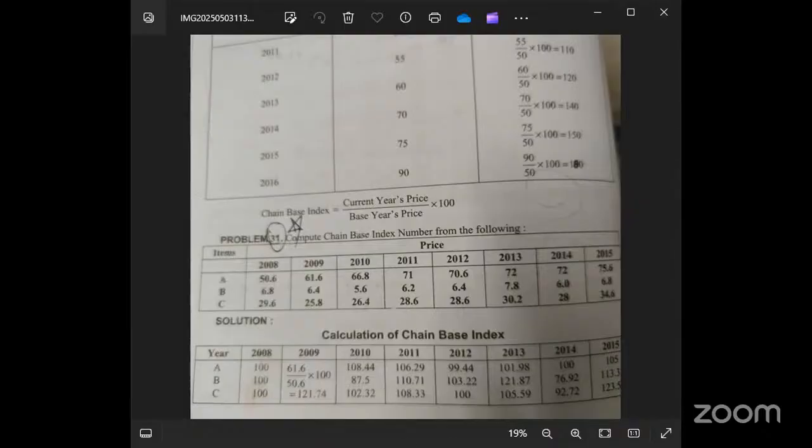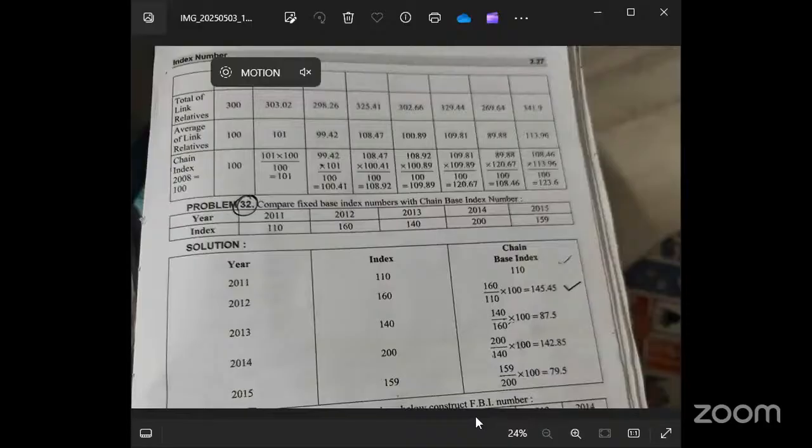We need to make the totals, then find the averages and find the chain index numbers. So this kind of problems may come, and we'll see the last problem in index numbers.